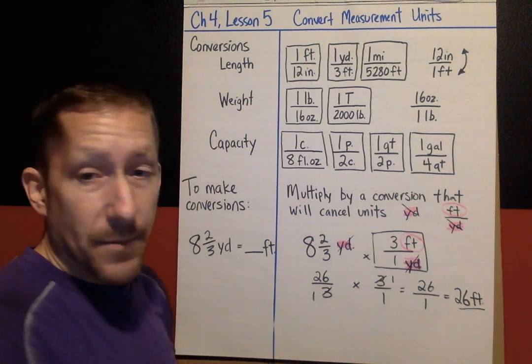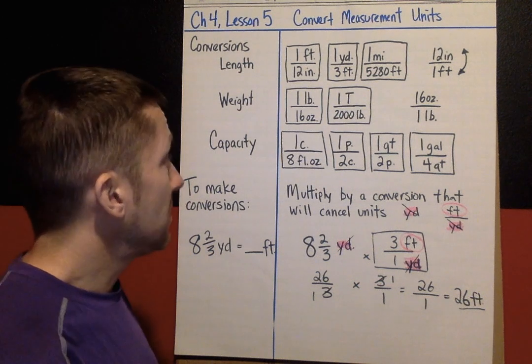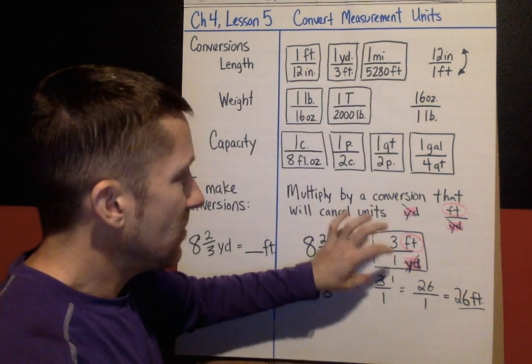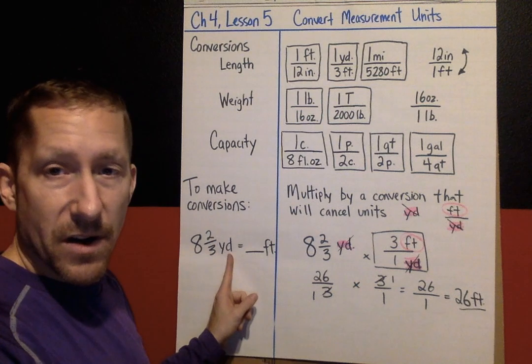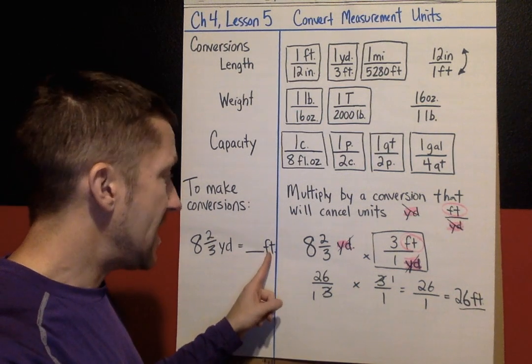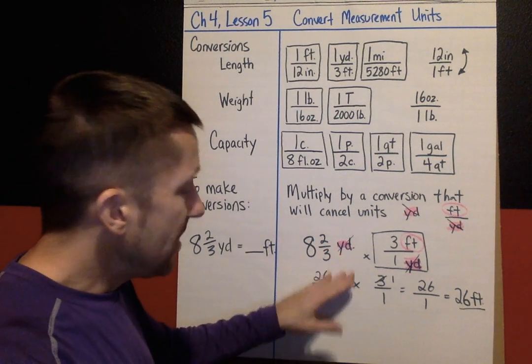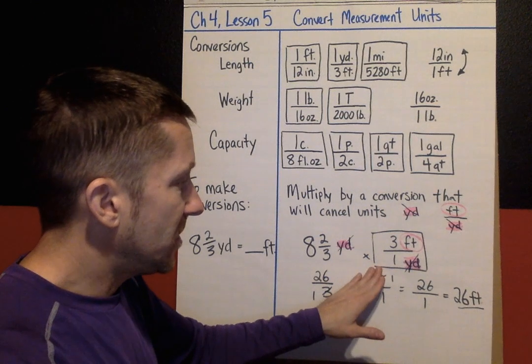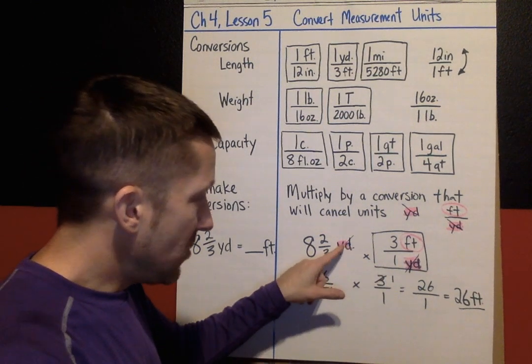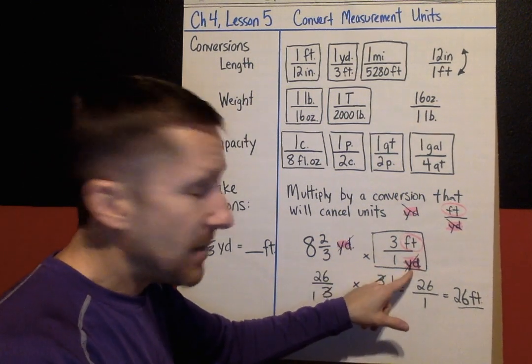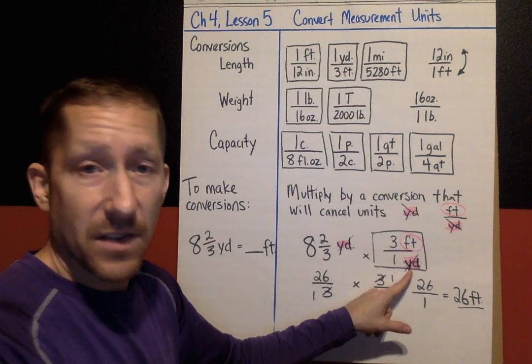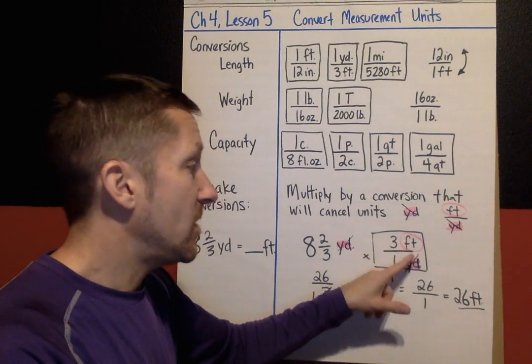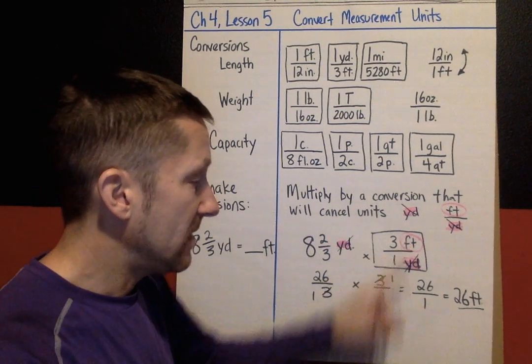So, again, the big idea today is start with the units. Look at what you're starting with and what you're trying to get to. Then match up your conversion with a numerator unit and a denominator unit that will cancel each other out and leave you with the unit that you want.